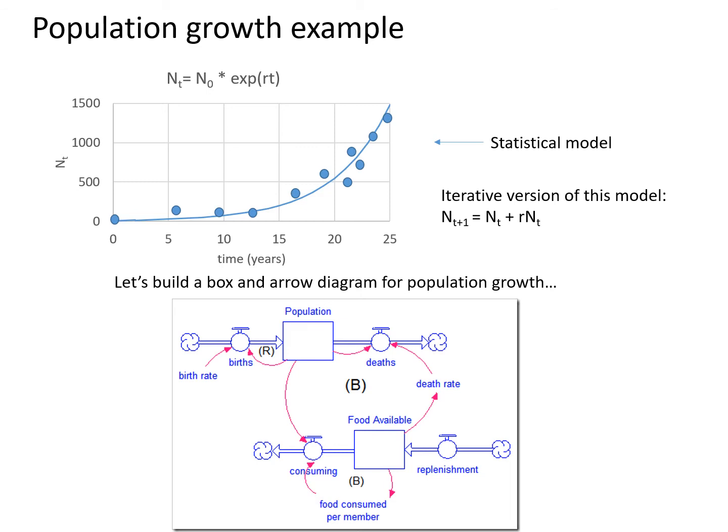It's a pipe and it's got a valve, and the degree to which that valve is opened is going to be a function of both the population at any given time, okay, and some intrinsic birth rate that we're going to give it. Then we have our state variable, population.